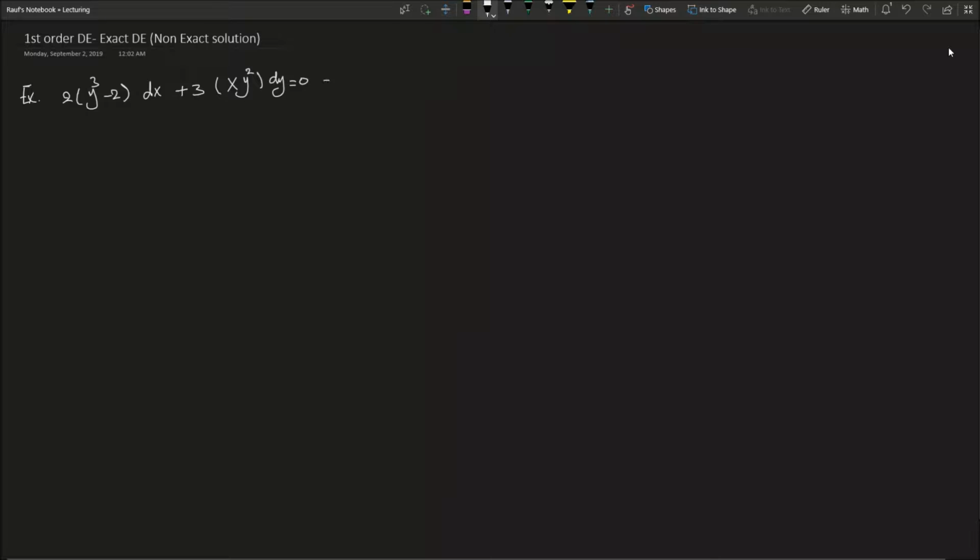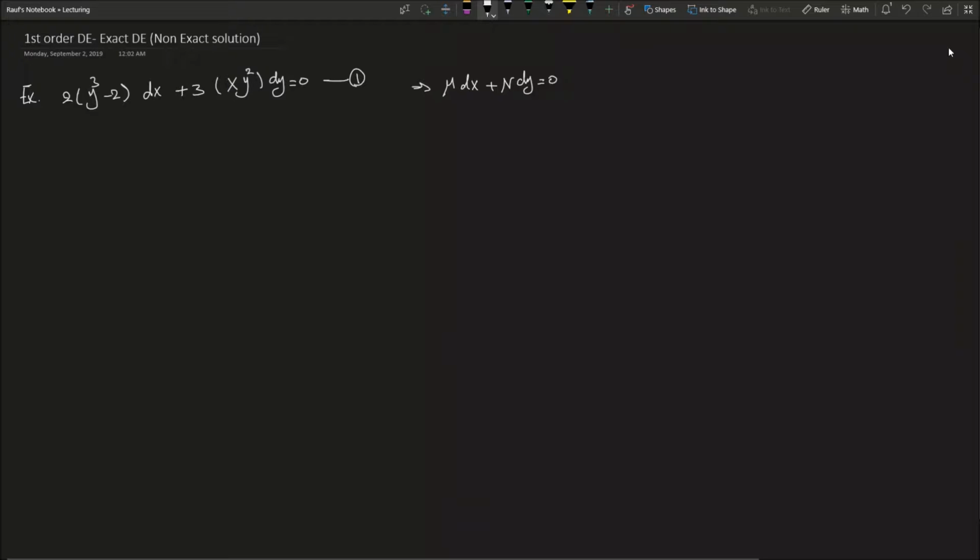For simplification, we will call it equation number 1. Now we know that the general form of the exact equation should look like mu dx plus nu dy equals 0, and equation number 1 satisfies that form.